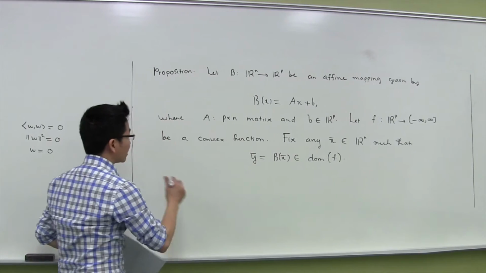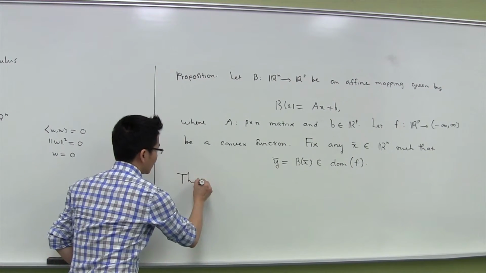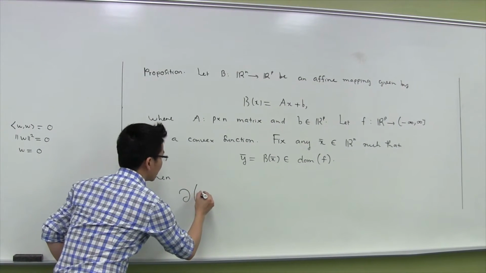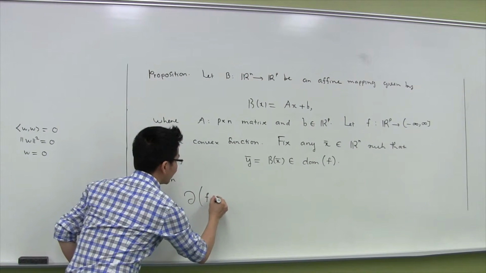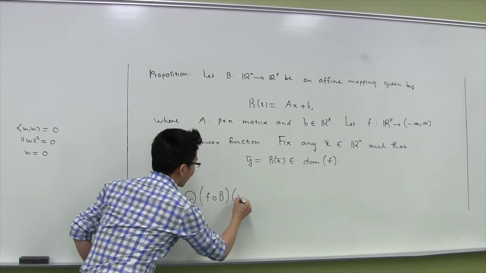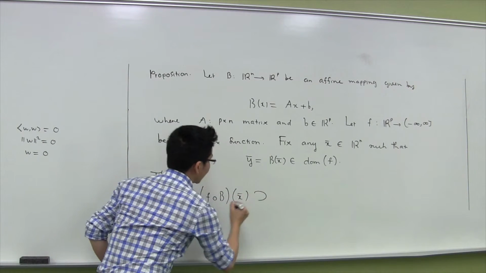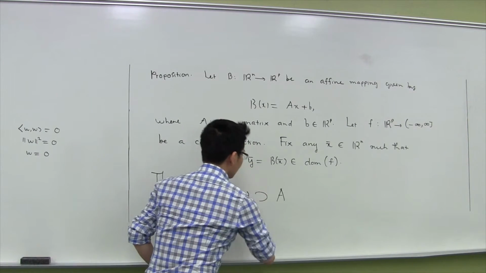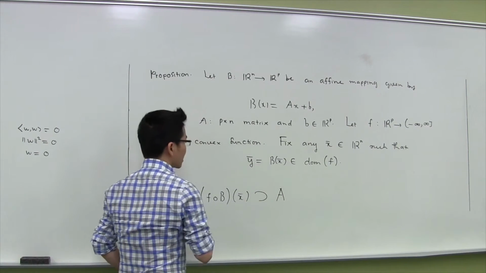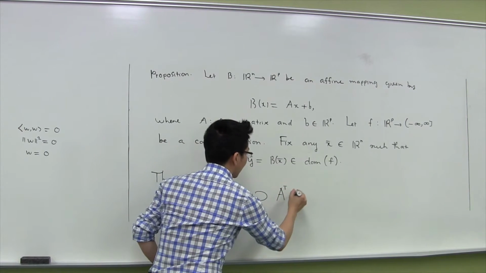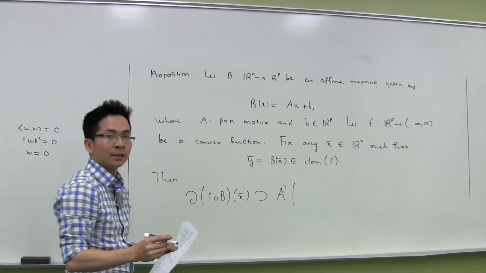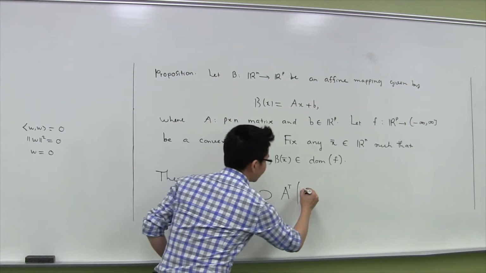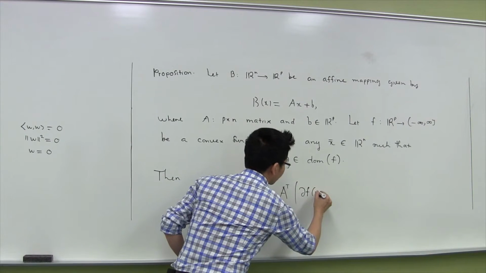Okay, and then we have the following. Then the subdifferential of the composition of f and B at x bar always contains the following set. It is the product of A transpose and all vectors in the subdifferential of the function f at y bar.